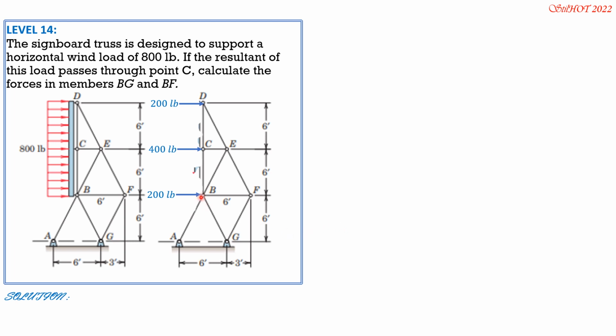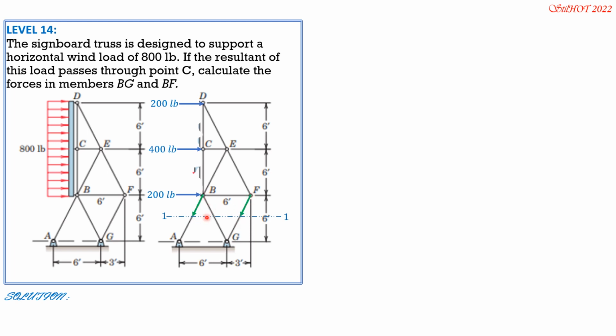Then this is BG. So let's consider the section 1-1 and above. There are 3 forces involved, BG and these parallel forces. So to solve for BG alone, we must sum up forces along an axis. Let's rotate the axis perpendicular to AB and FG.